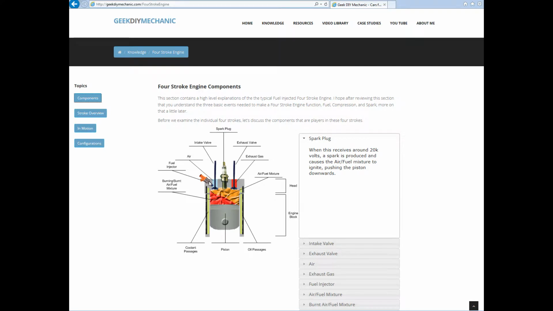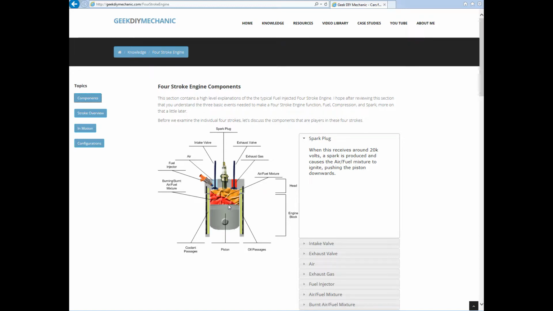It sprays it like a spray bottle in very fine droplets, and then it combines in the cylinder here to make an air-fuel mixture, which then again is ignited, and then as it burns, pushes the piston down, and it'll be represented by this red. And likewise, we have to get rid of that. So we have another valve that moves up and down, and the red here represents that mixture leaving.